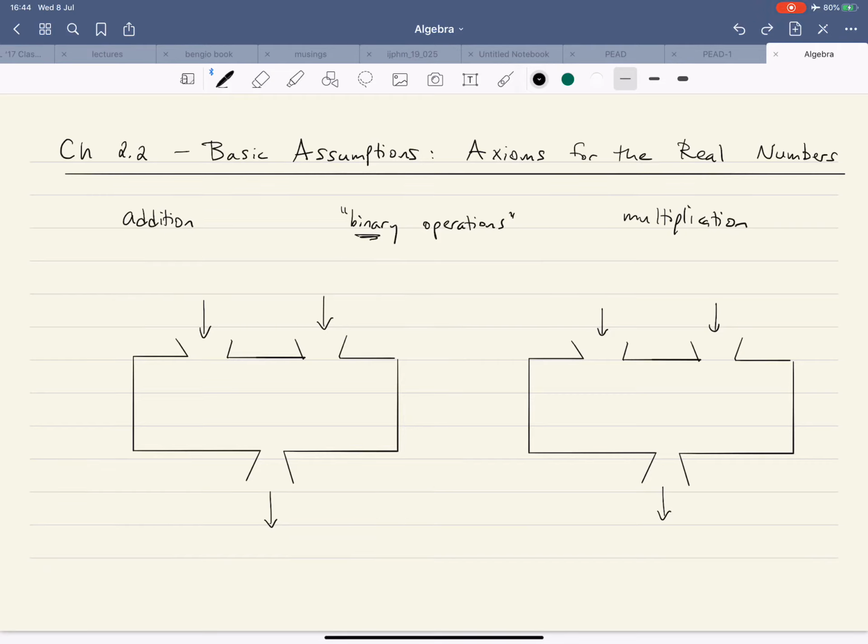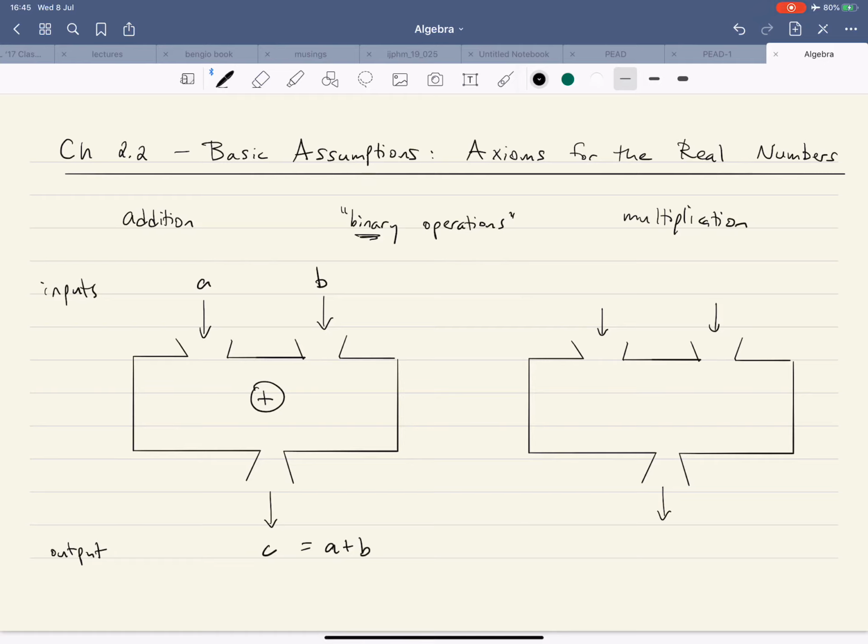You can think of addition as kind of an adding machine where I take two inputs and I output something, and the operation that I do for addition is plus. So I've got A and B as inputs. My output is C, where C is equal to A plus B.